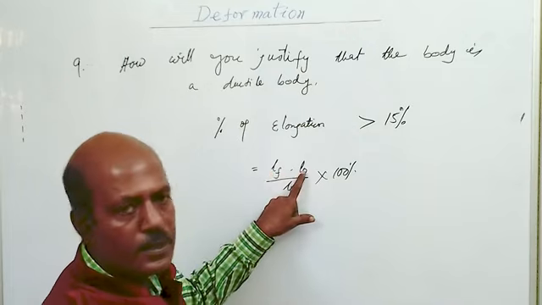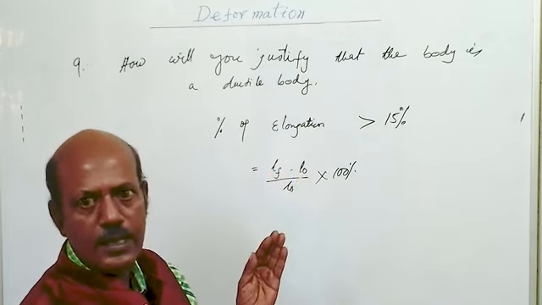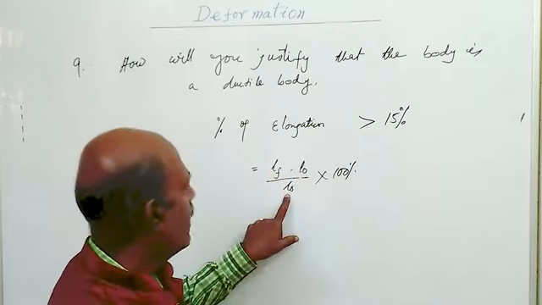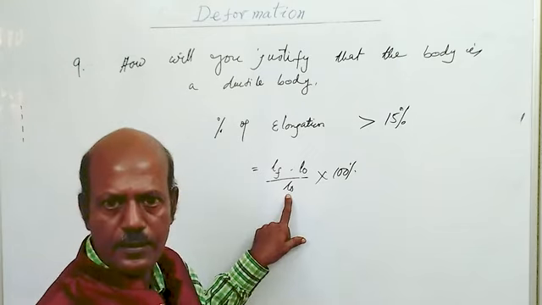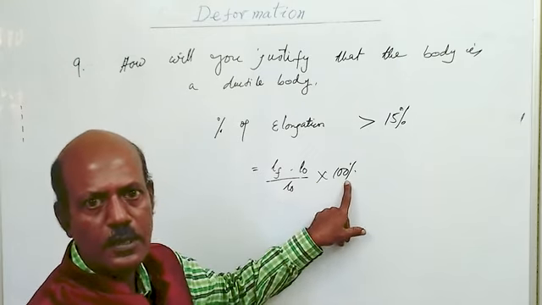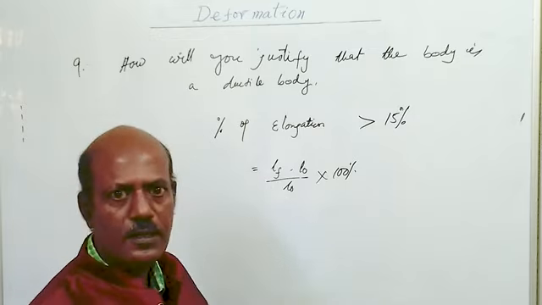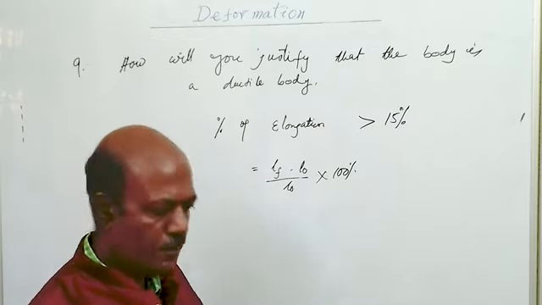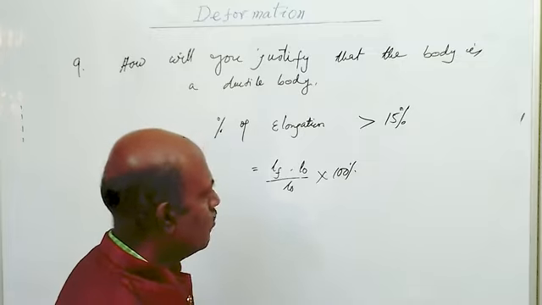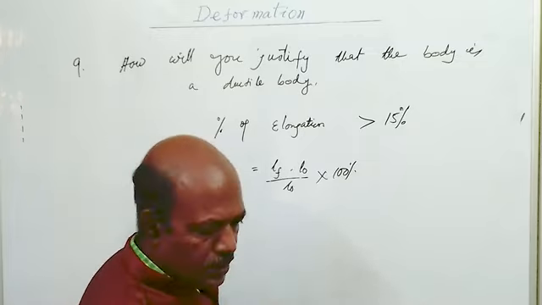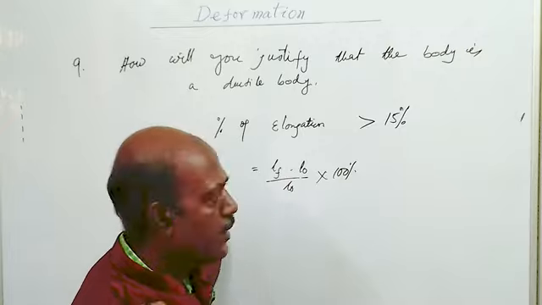So LF minus LO is the change in length before failure, divided by the original length LO and expressed as a percentage. If the percentage of elongation of a body is more than 15%, then the body is called a ductile body.